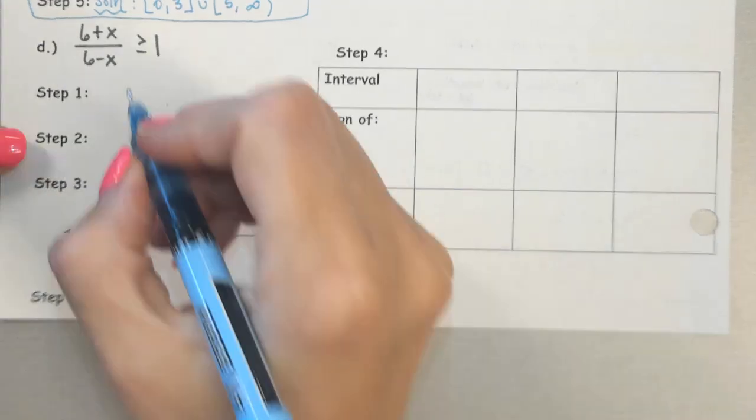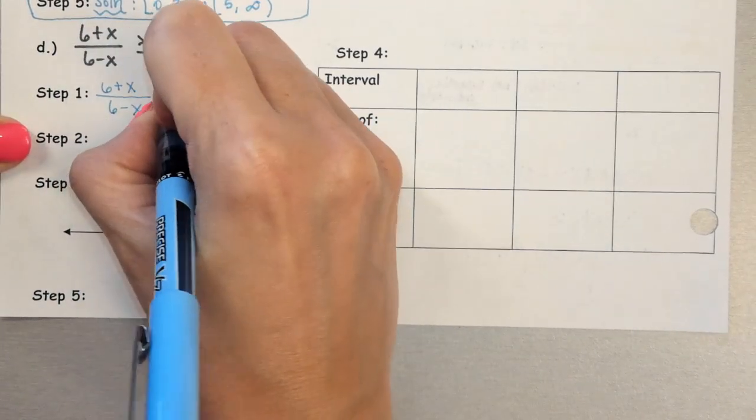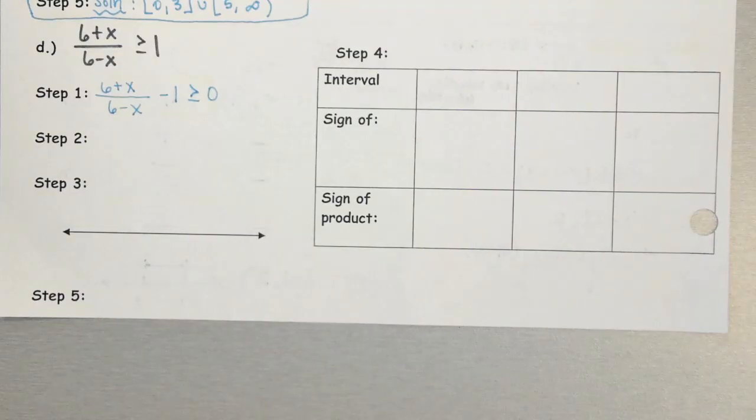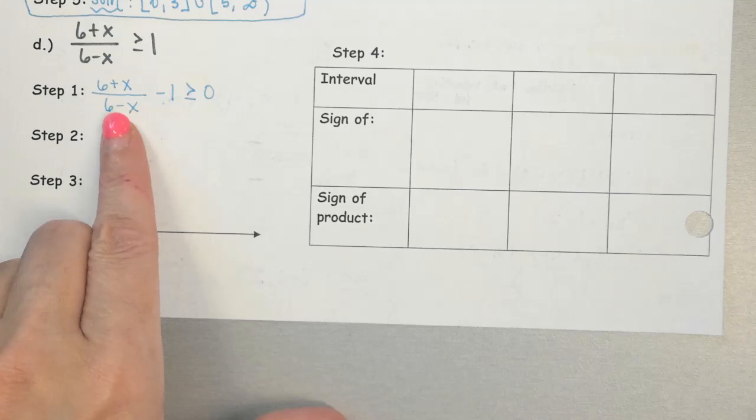Okay, so our first step is to move everything over to one side. So we have to move that 1 over. You might remember when we were going over our first steps, we talked about if you have a quotient, then you have to bring them to a common denominator.